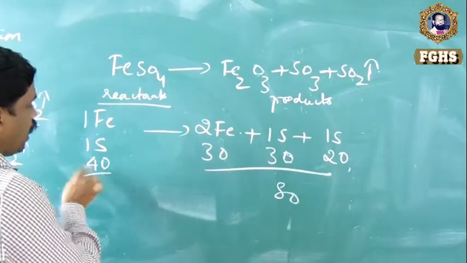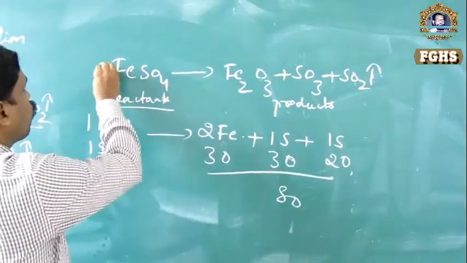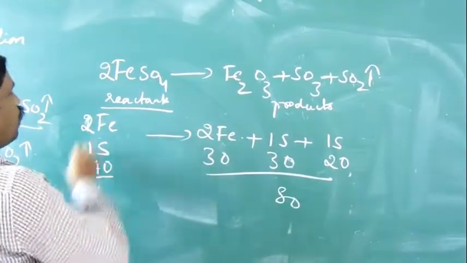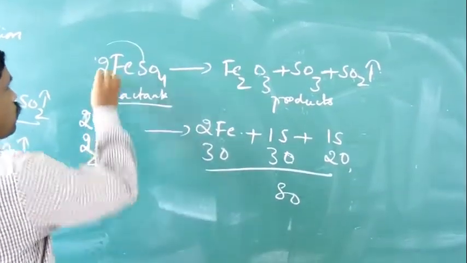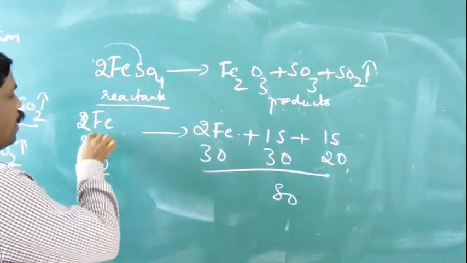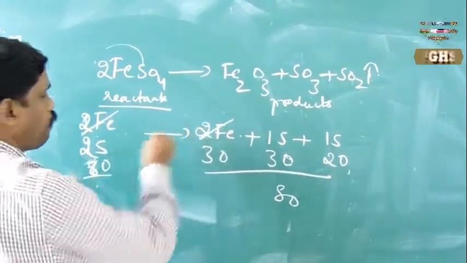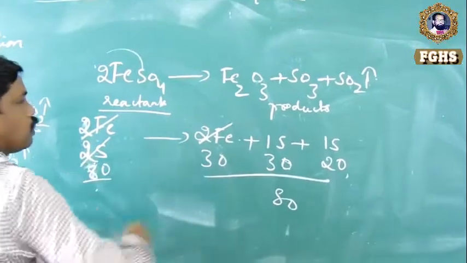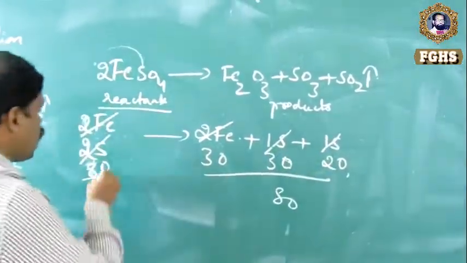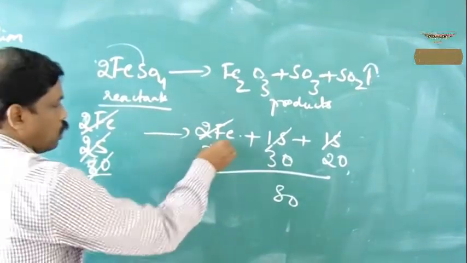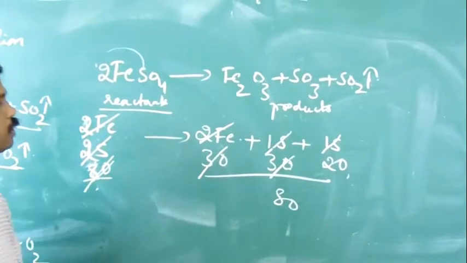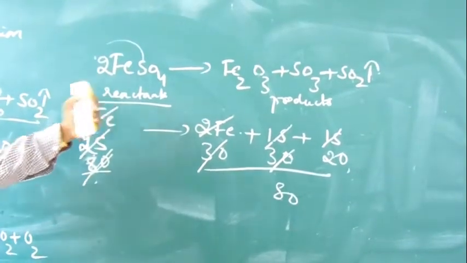In order to make 8, what do I have to do? I have to put 2 here, then it becomes 2 Fe, 2 S, 8 O. Here 2 Fe is balanced, 1 S plus 1 S, 2 S balanced, 8 O balanced. Now the equation is balanced.